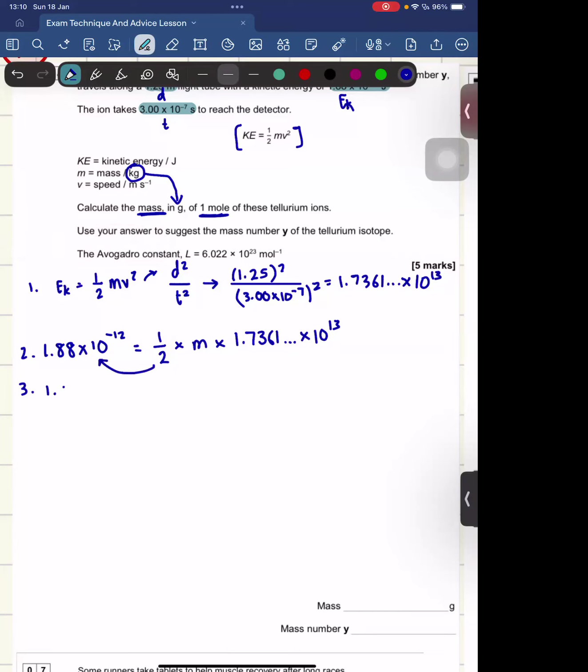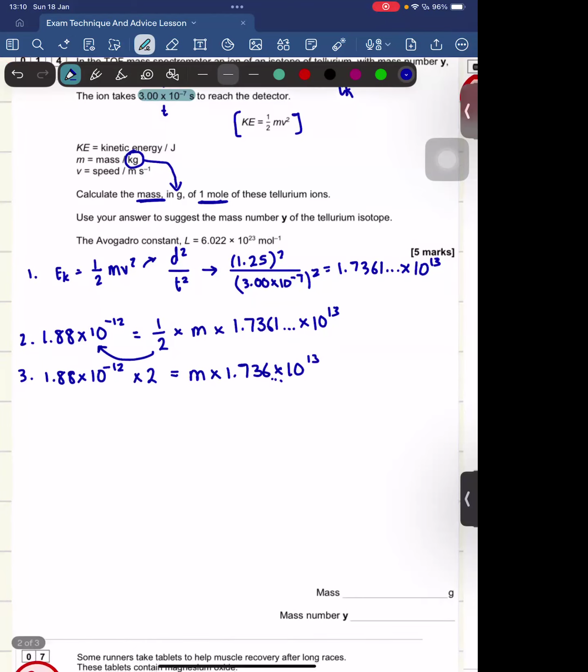So it would be 1.88 times 10 to the minus 12 times 2 instead of times a half equals m times 1.736 times 10 to the power 13, dot dot dot.